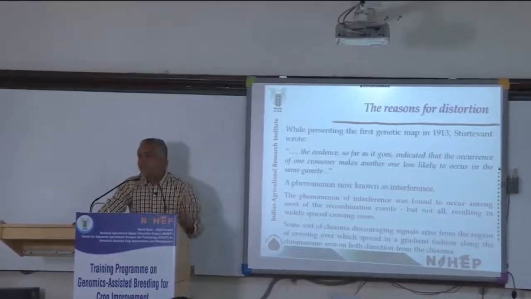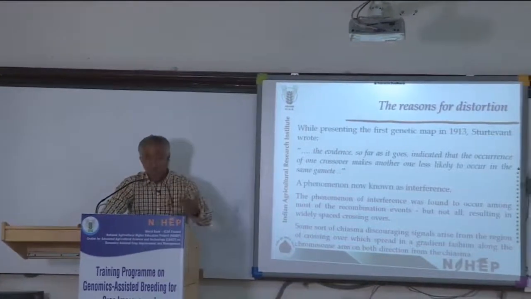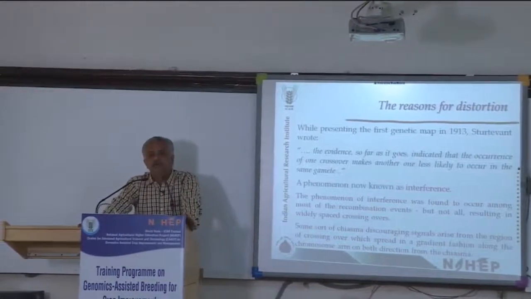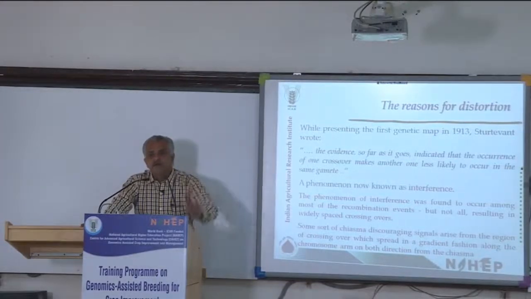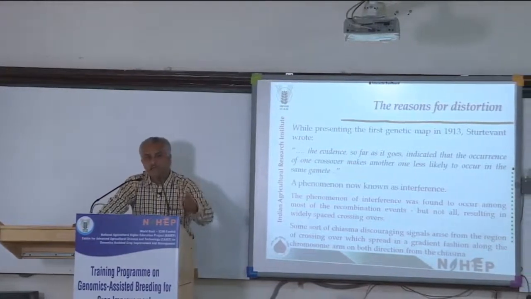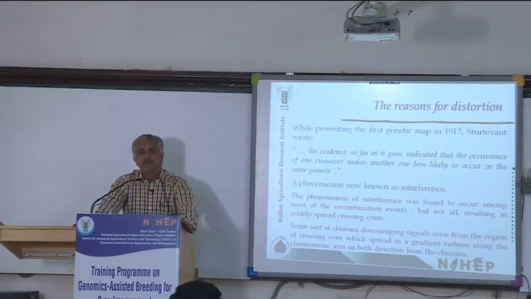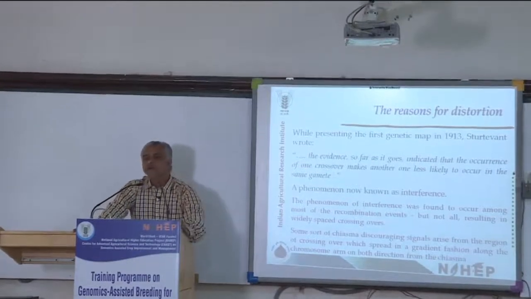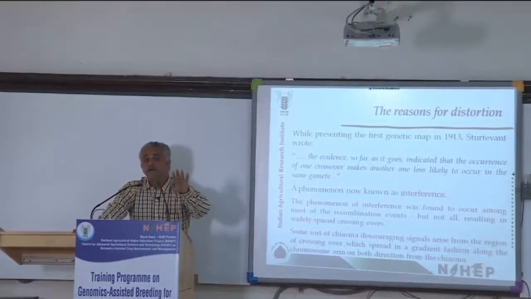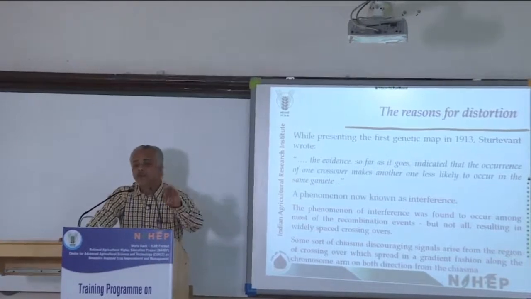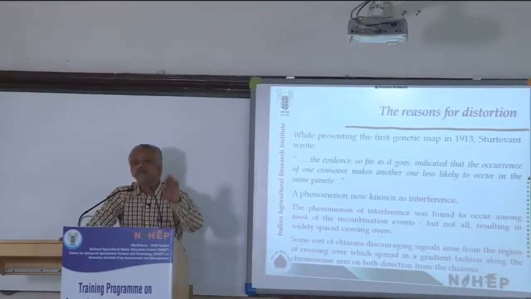There are several parameters for identifying the criteria of optimality, which I am not going to deal with, but understand that the order which gives you the lowest total length is the best order.